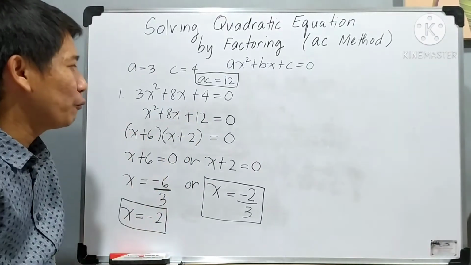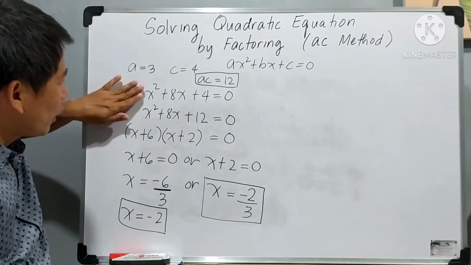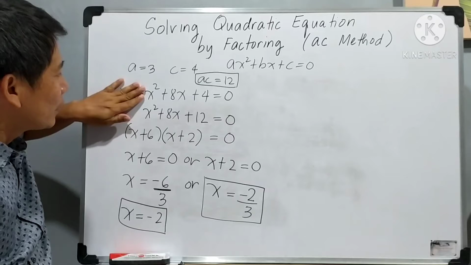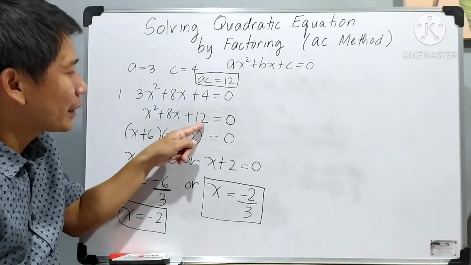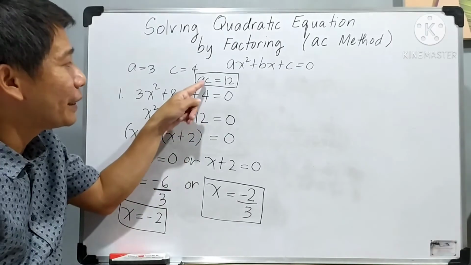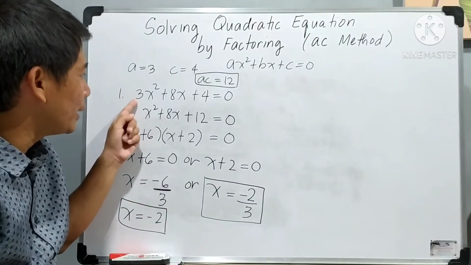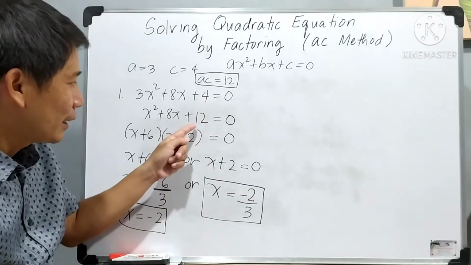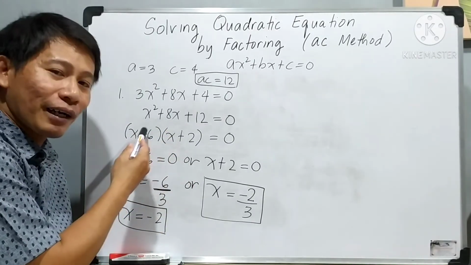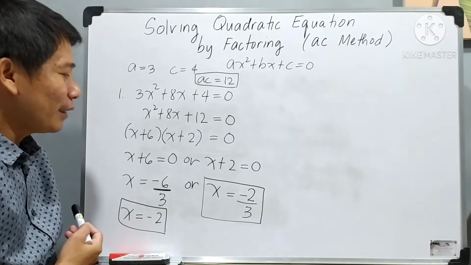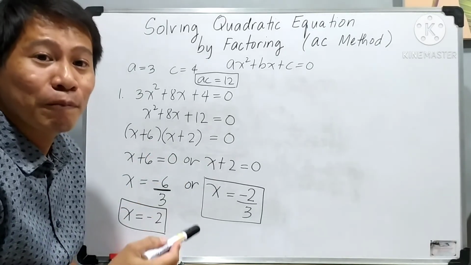So, pag nasa standard form na, i-rewrite yung ating quadratic equation ng walang A. And then, yung magiging last term ninyo, yung constant ninyo, is AC, which is, i-multiply ninyo si A by C. Then, after nyan, i-factor out nyo na yung simple quadratic trinomial, and then, solve for x applying the zero product property.